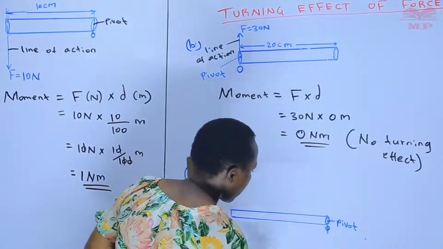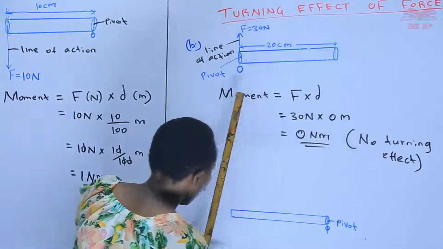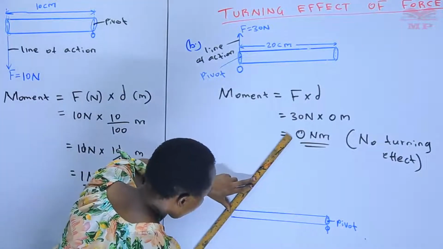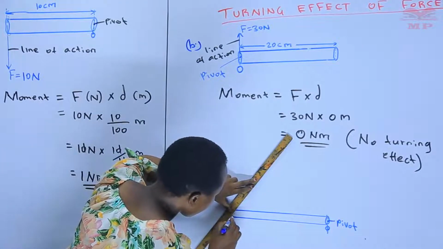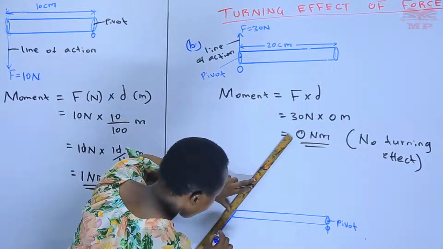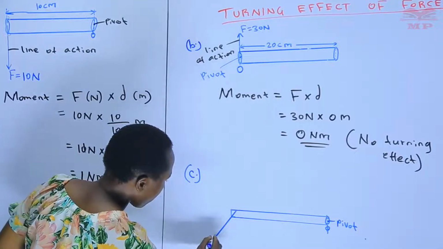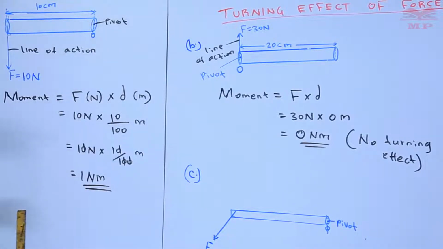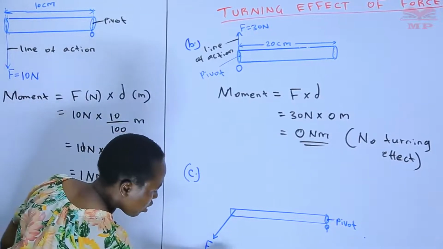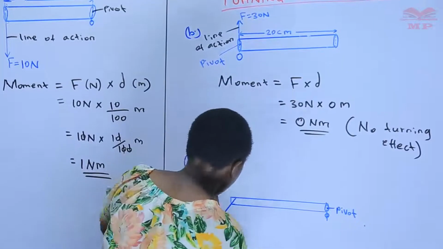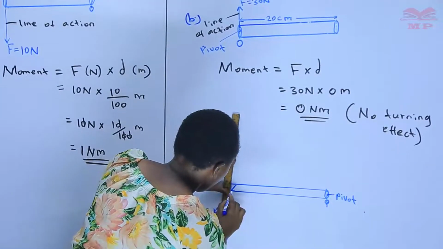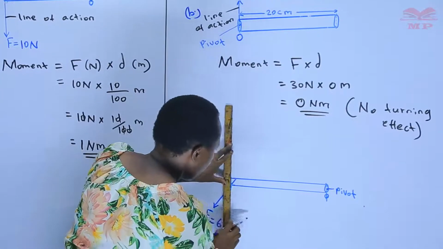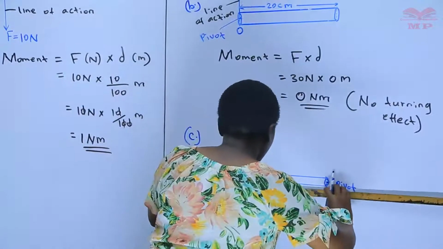And we have been told that the distance from the pivot to where the force is being applied, you can see how this force is. Look at the force. Here we have the force, and the force is 6 newtons. The distance here, this distance we have been given as 5 meters.